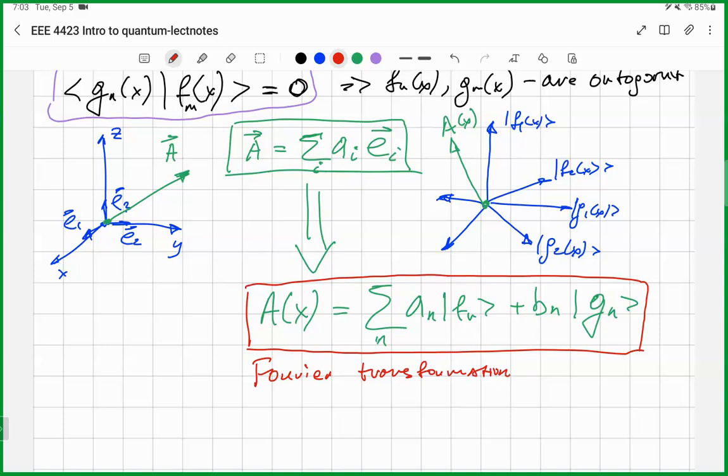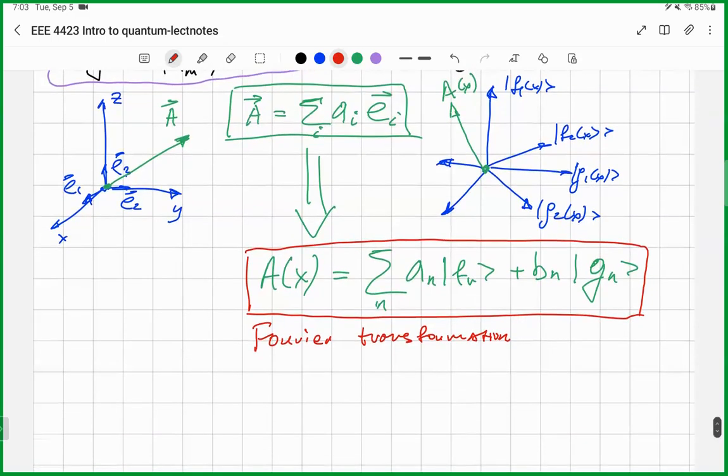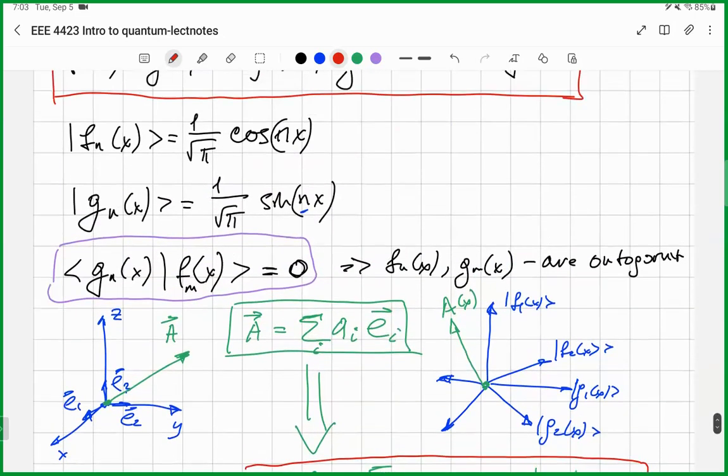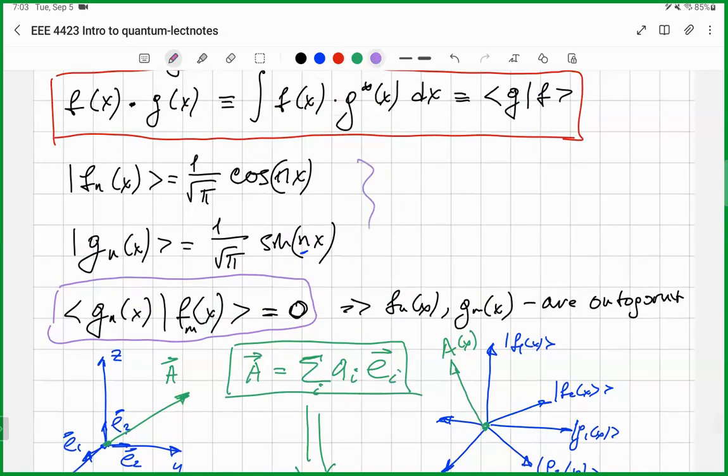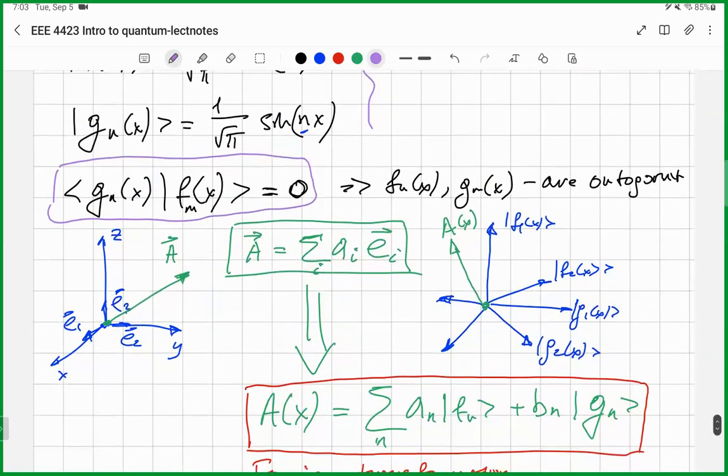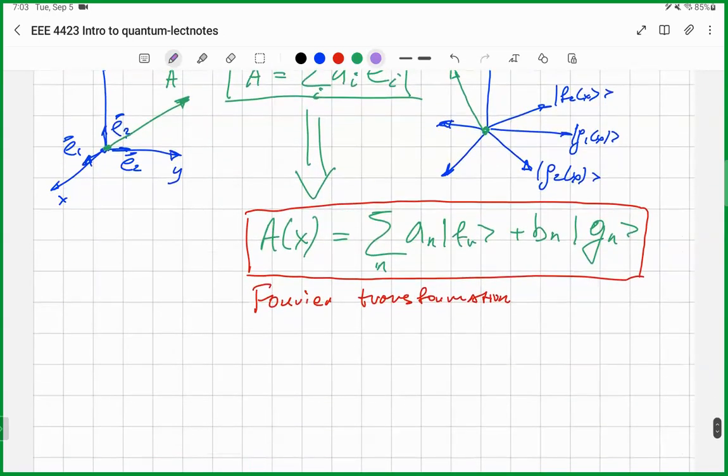Maybe the most important thing in physics, in engineering, all these fields, the Fourier transformation. The point is that you can represent one function through a series of other functions. And the fact that these functions here, the sine and cosine functions, are orthogonal allows us to represent any function as a series of sine and cosine functions.